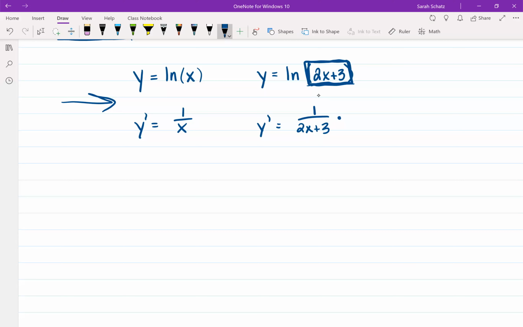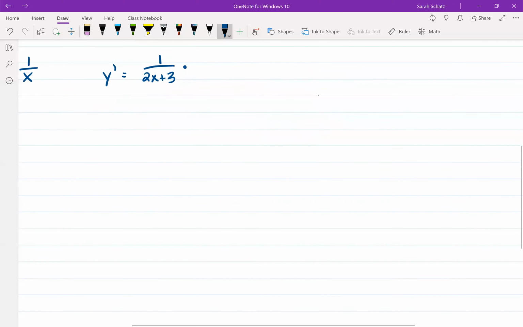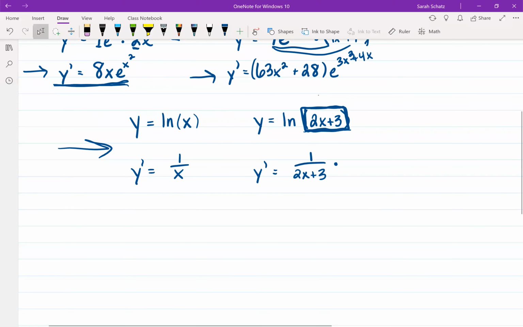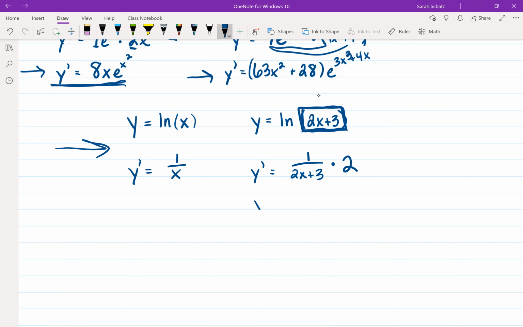I did the natural log situation. Now I can say, oh, but that's not x, it's 2x plus 3. So I do need to take the derivative of 2x plus 3, which is just a 2, and stick it on the back with multiplication. Every time you have a natural log derivative, you know you're going to get that fraction, so it's always going to be 1 over something.